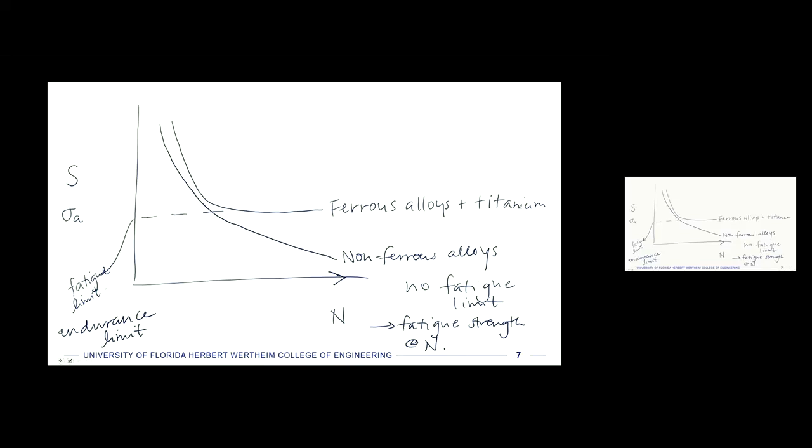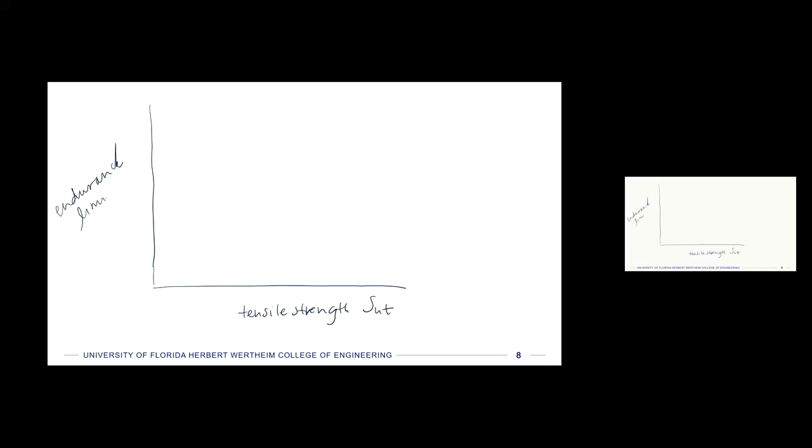What has been found is a correlation between tensile strength, this is the ultimate strength, S_UT, and the endurance limit, which we are going to call S_e, and in this case, I'm going to call it prime.